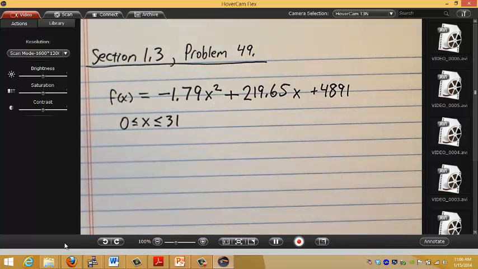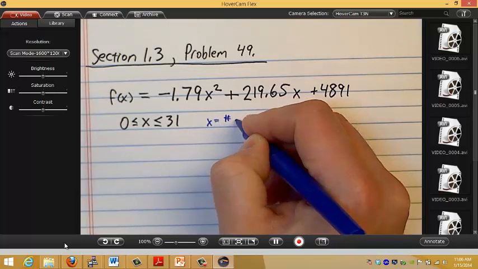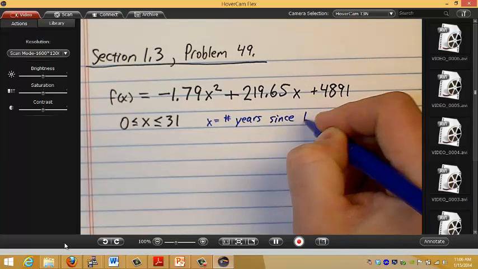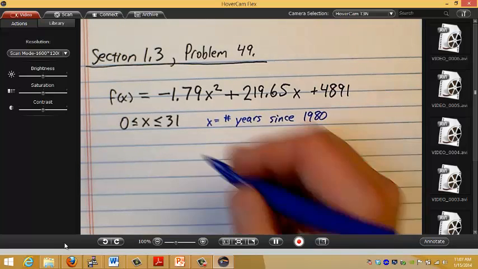Now what I'd really like to know is, what does the x represent and what does the f of x represent? So I'm going to read. It tells me x is the number of years since 1980. And it tells me f of x is the number of court cases.